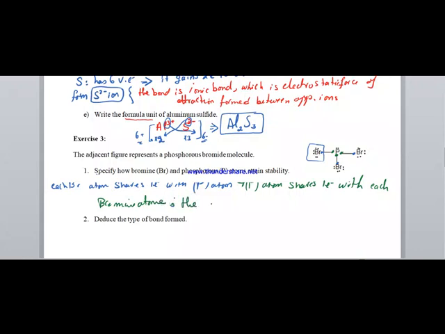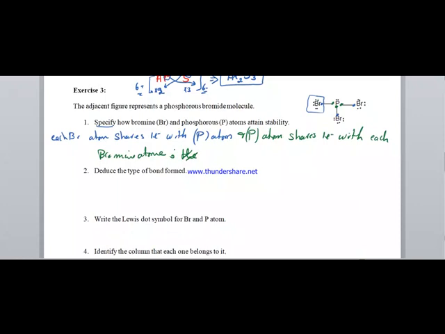Then the bond is a single covalent bond. According to the figure, each Br atom and the phosphorus atom share one electron with each other in order to become stable, or attain a stable octet.